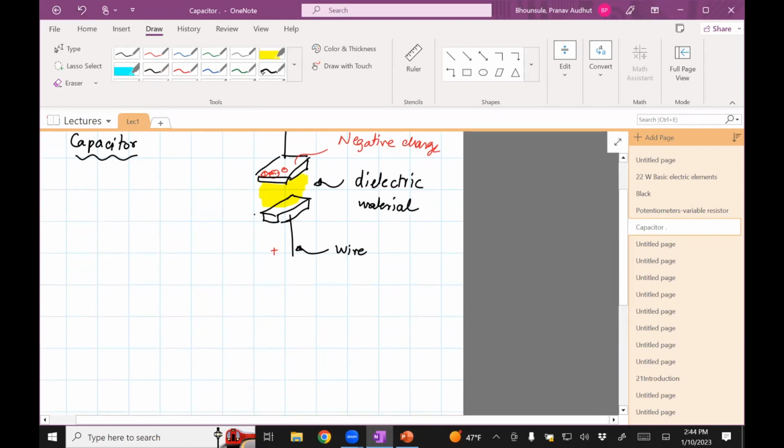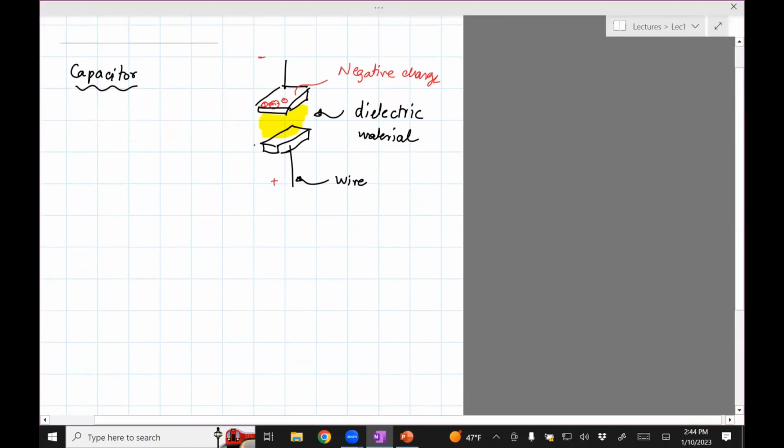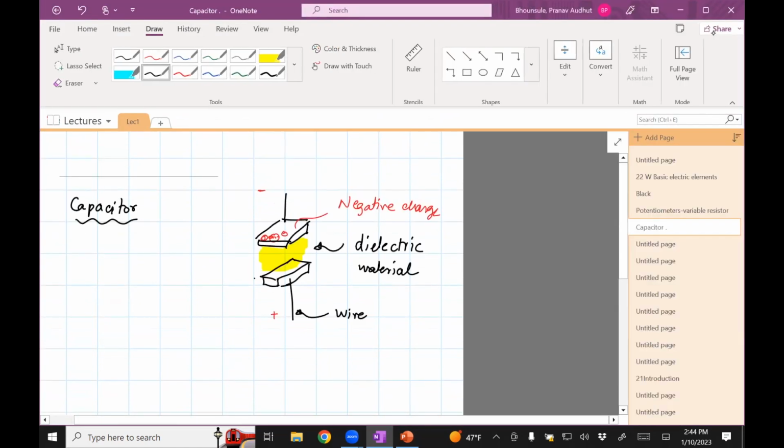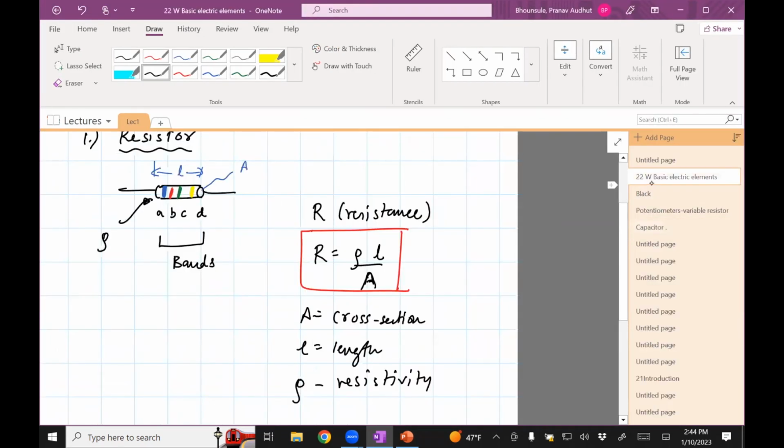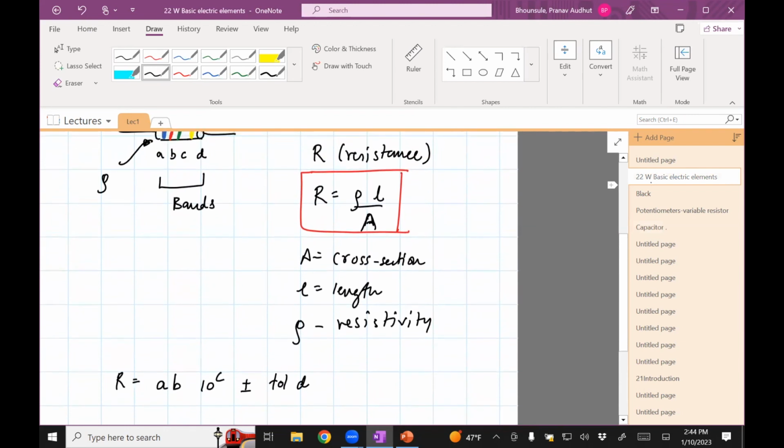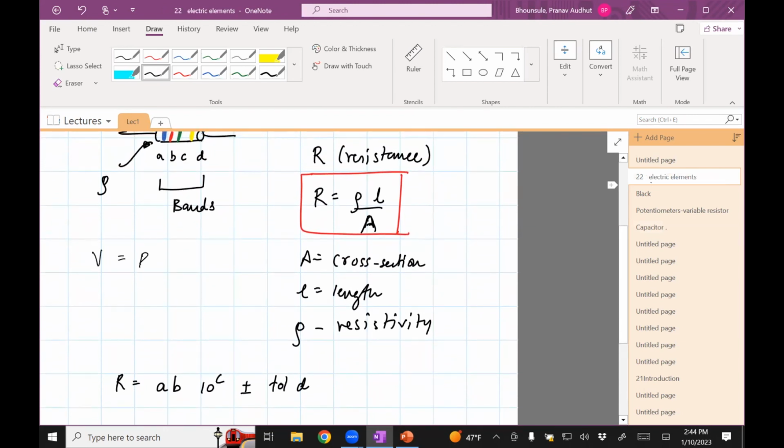Okay, so just like we have, yeah, I forgot to write this. So the voltage in a resistor, going back, voltage is R times I. So this is the voltage.